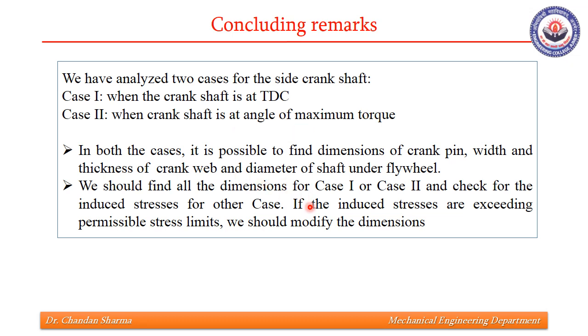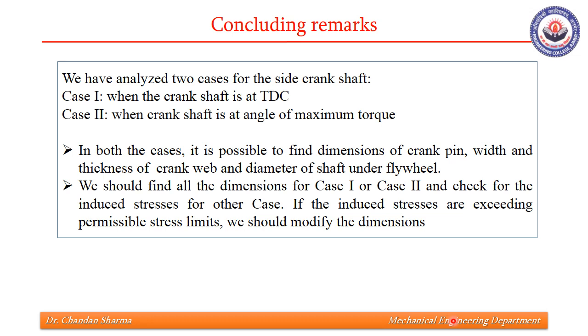So you might see that in both the cases, it is possible to find dimensions like crank pin, width and thickness of crank web, diameter of shaft under flywheel, bearing dimensions, etc. Now there can be two strategies.